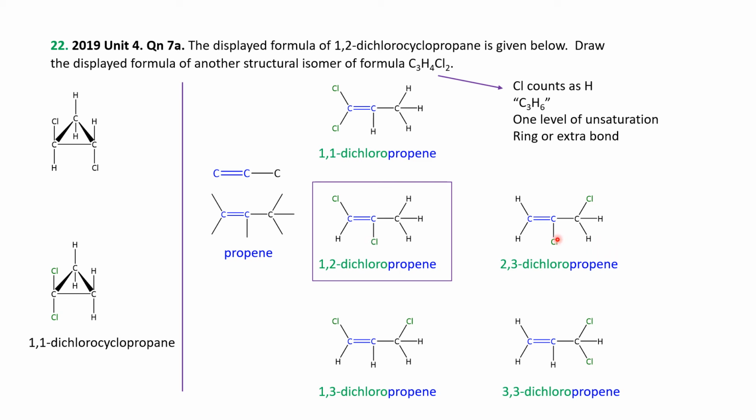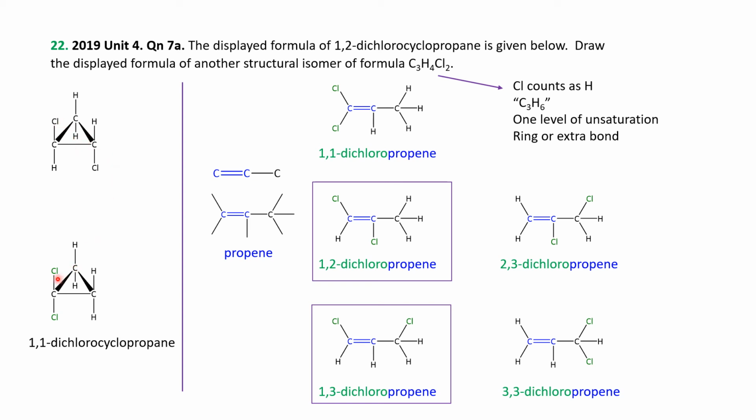2,3-dichloro has 2 hydrogens on carbon 1, so it can't exist like that. 3,3-dichloro also has 2 hydrogens on carbon 1, so it doesn't exist as E/Z. But looking at 1,3-dichloro, you have chlorine and hydrogen, and hydrogen and a chloromethyl, so that can also exist as E/Z. Now looking up here, and this is something that I talk about, it's not in the A-level curricula, at least not the WJEC, but I do mention it: in the same way that you have these isomers associated with double bonds, because you cannot rotate around a double bond, once you've got a ring, things are fixed as either being above or below the ring.